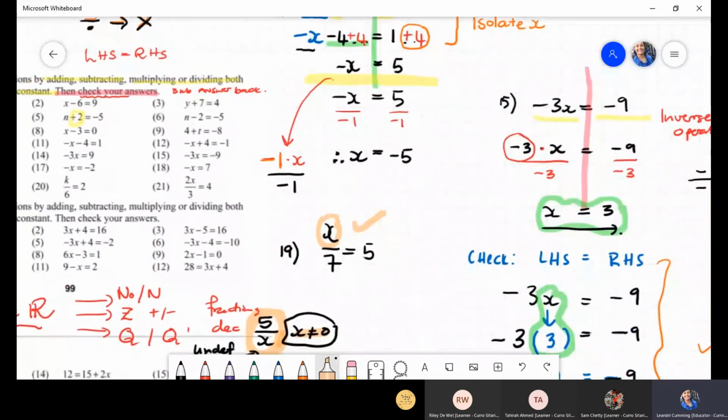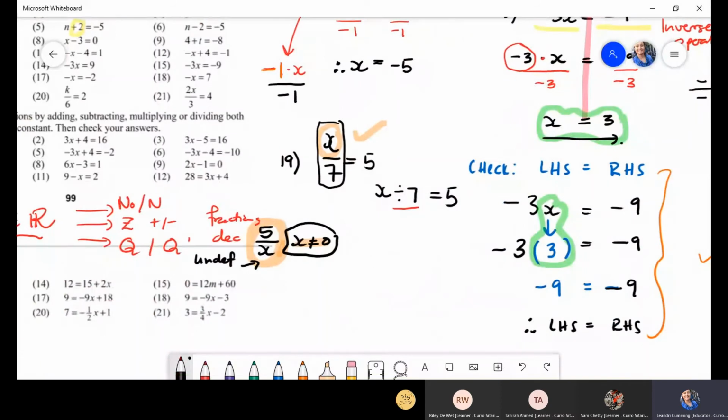So now what I may do is ask myself, what do I see here? It's x divided by 7 gives me 5. So how do I undo division by 7?